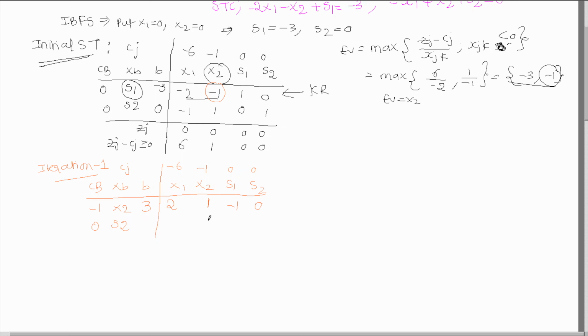Here use this short trick. For x2, x2 column remaining 0, s2 column remaining 0, find the new values. 0, which is the key row, minus of 1 into the new value 3, here minus 3. Minus 1 of 1 into 2, minus 1, minus 2. Minus 3. 0 minus of 1 into minus 1, plus 1.